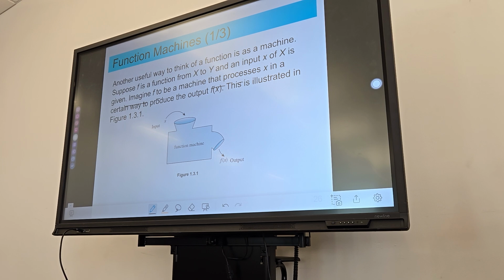F is a machine that processes x in a certain way to produce f of x. This is like a function that you might import into a computer program. You don't know necessarily what's going on in the middle, but you give it an input, and the function gives you a result. Same principle.